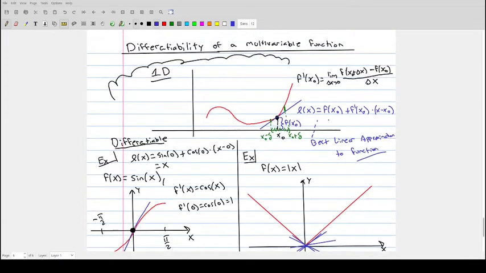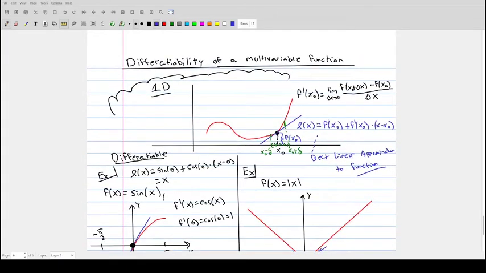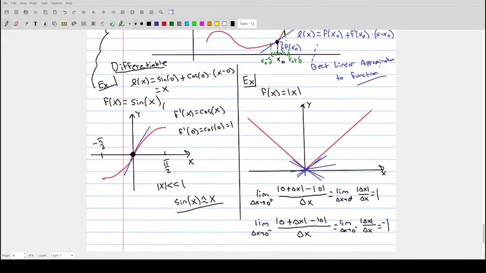So this is what it is in 1D, and this is the idea that we're going to have to take with us for multivariable functions as well. And with this idea in mind, it becomes possible to define the differentiability of a multivariable function.